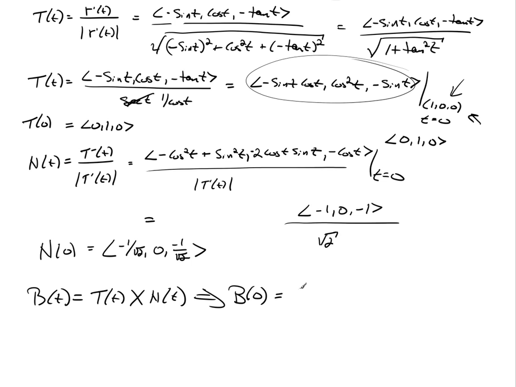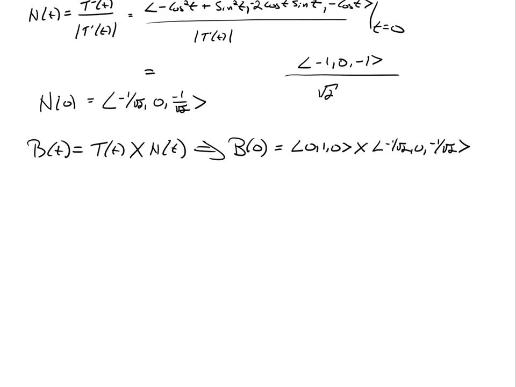There it is: (0, 1, 0) cross (negative 1 over root 2, 0, negative 1 over root 2). So let's go ahead and quickly find that cross product, with i, j, k, 0, 1, 0, negative 1 over root 2, 0, negative 1 over root 2.